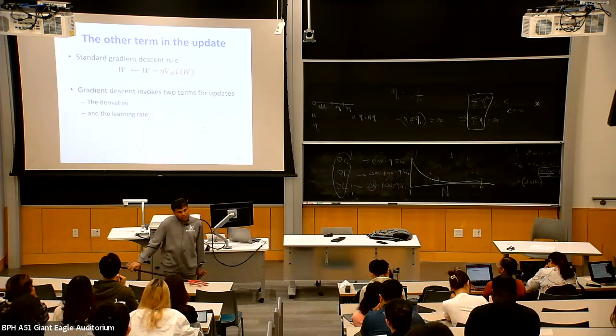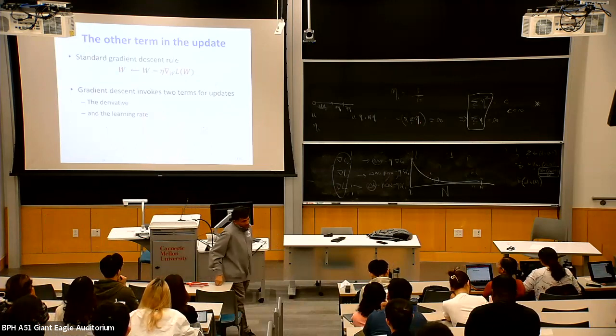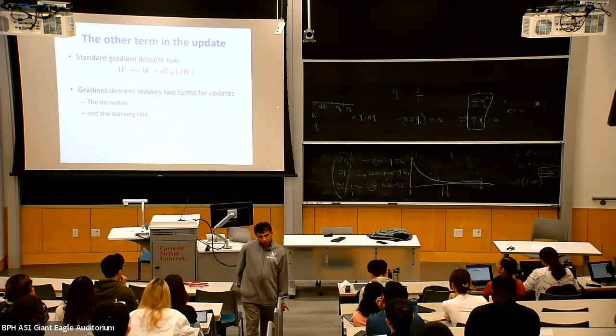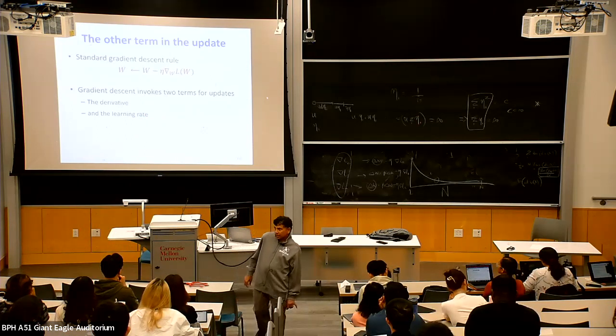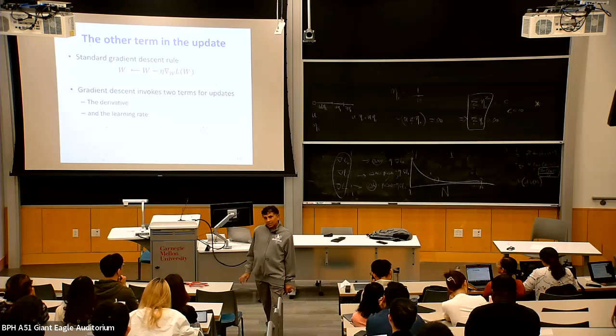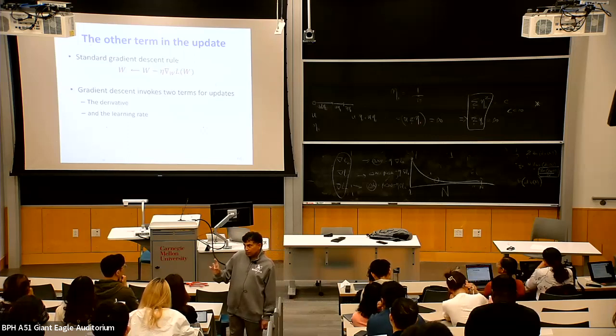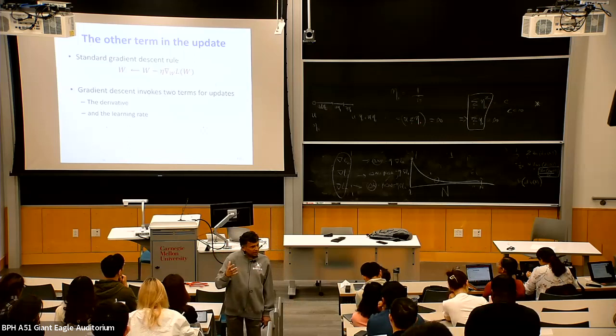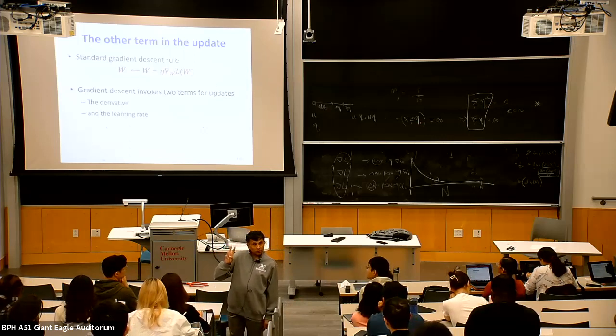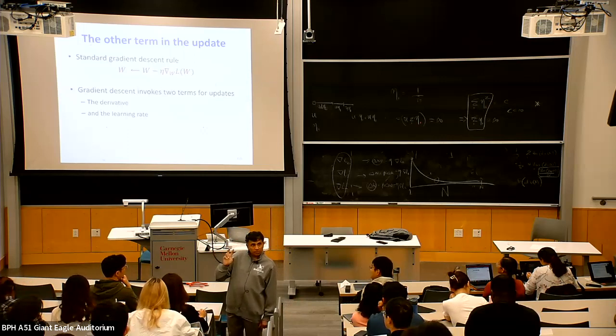At each current estimate, you are taking a step against the gradient, but the step depended on two terms. What are the two terms it depended on? Guys? Learning rate and gradient, right? So there are two different terms that come into the picture. Which of these does the momentum-based method actually fix?